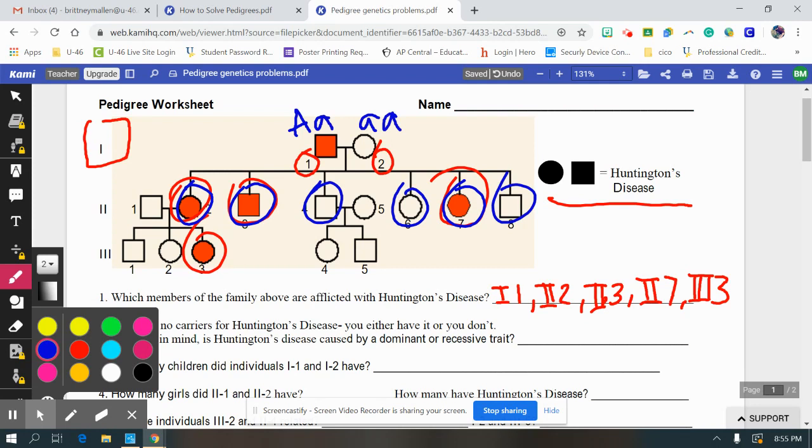In this case down here with this marriage, depending on if this was the same situation, you could end up with the same traits. Generally, we would say this is a dominant trait.